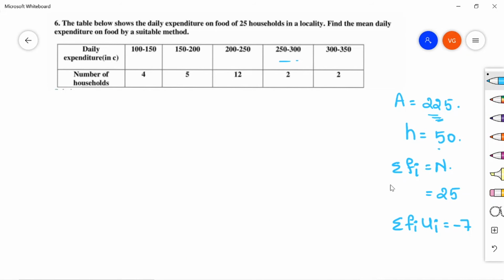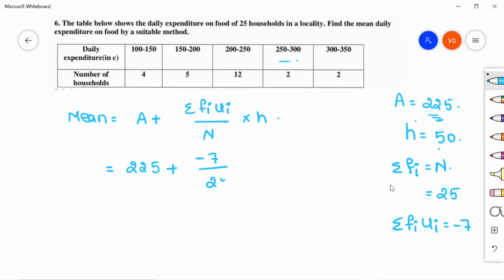Let us use the mean formula to calculate the mean using the shortcut method. That is equal to A plus sigma fi ui divided by n, into h, right? What is the assumed mean? 225. Here it is just substitution: plus minus 7 divided by 25 into 50. So do the calculation.